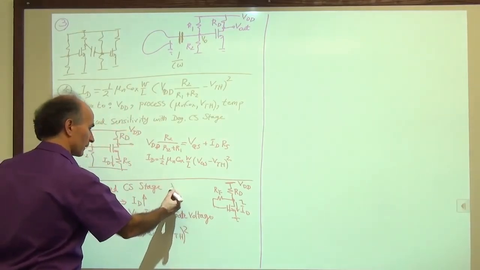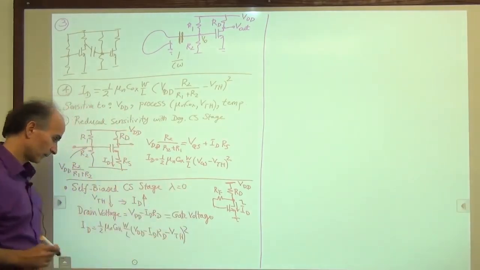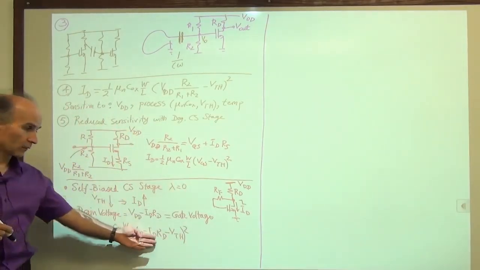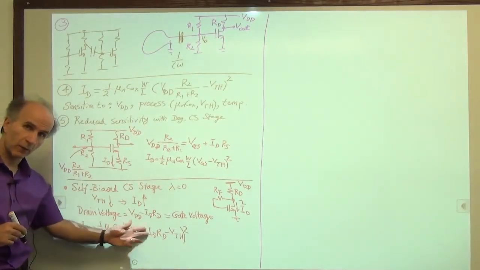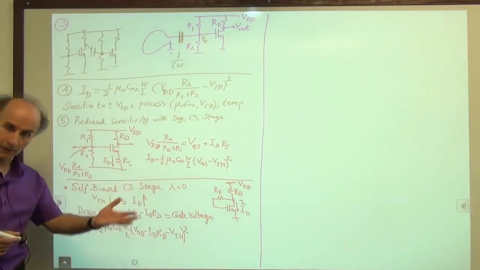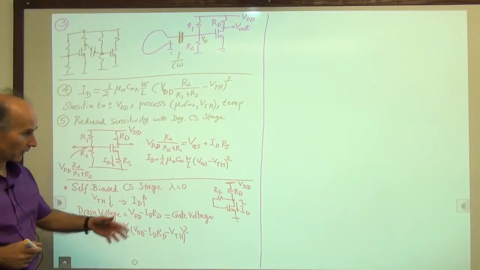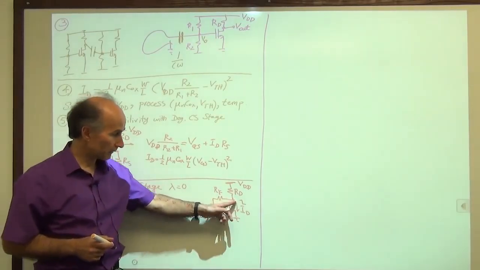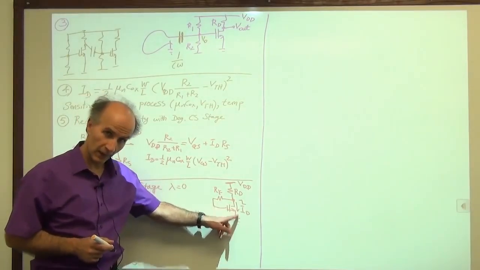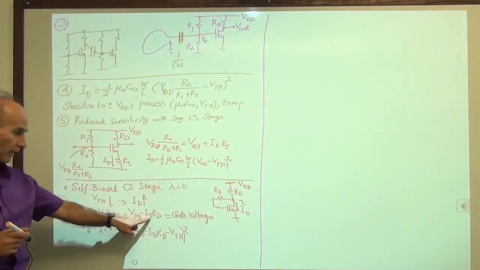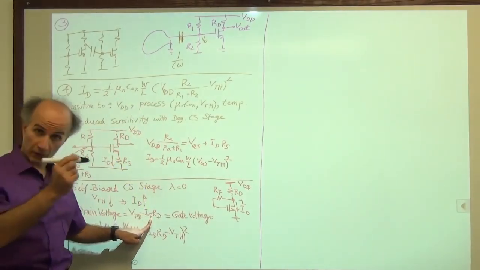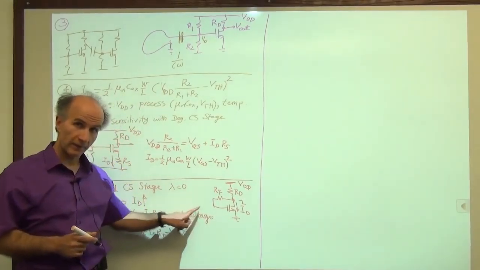Again, assuming that lambda is 0. Now this equation is very easy. We have one unknown, ID, and solve it, find ID. We find ID, we find VGS, then we can find VDS, because VDS is equal to VDD minus ID RD. And of course, eventually we have to make sure that the device is in saturation.